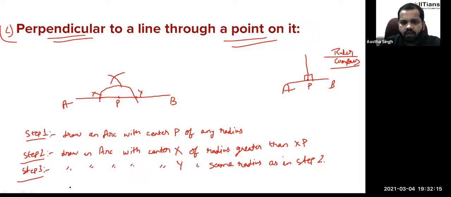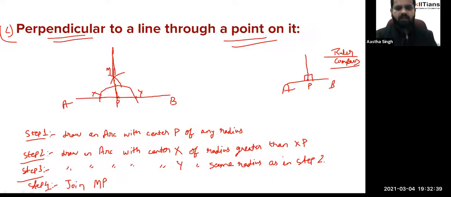You will find M. Step 4. Join MP. So you will get your M point, right? So this will be your required line. I think the concept is clear, guys.